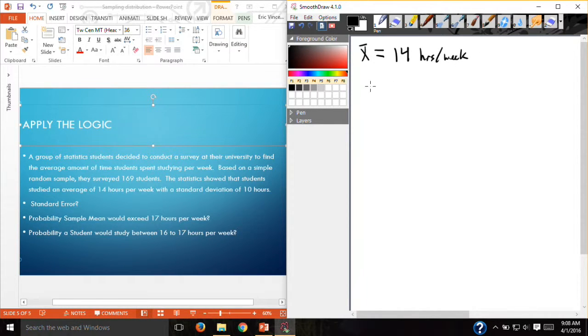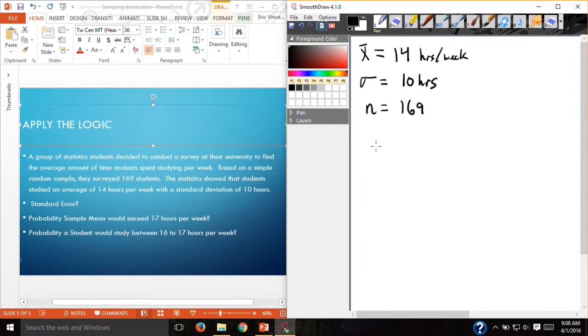It also states that my standard deviation is equal to 10 hours. And also my sample size, n, is equal to 169 students because they stated they surveyed 169 students.